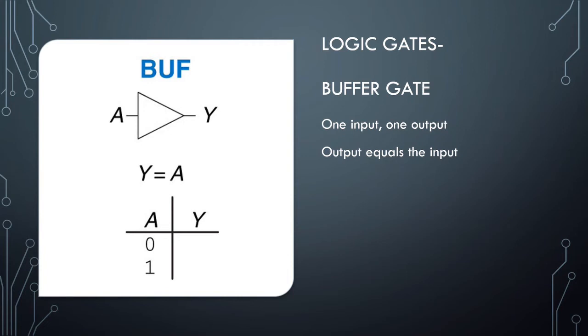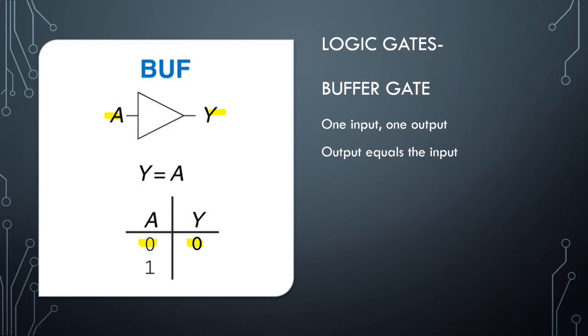So over here in my truth table, I have the number 0. If I input a 0, I am going to get a 0 out. And you'll see these letters Y and A written all over, right? This is the gate shape, a triangle up here. The A is representing the input, and the Y is representing the output.